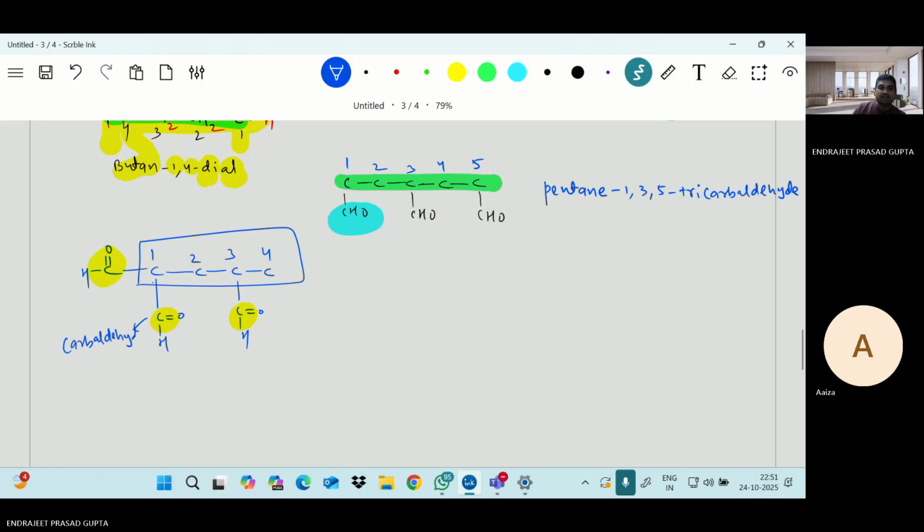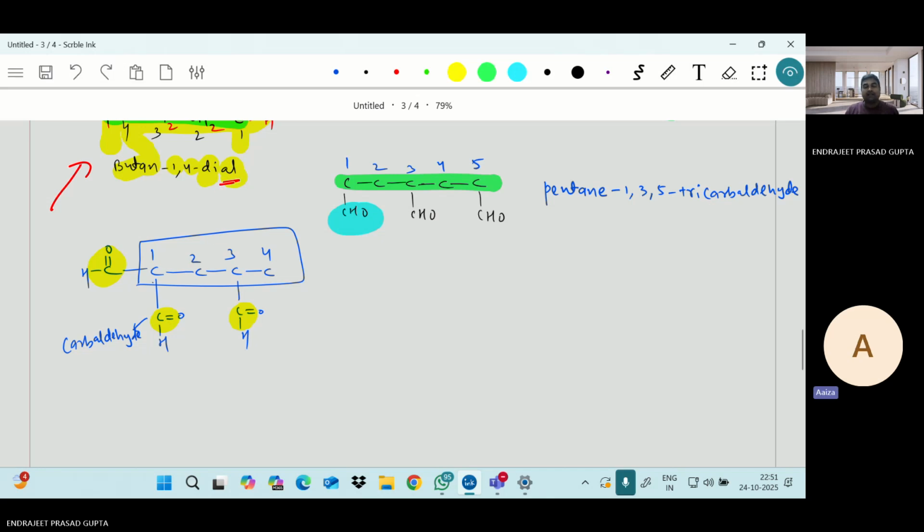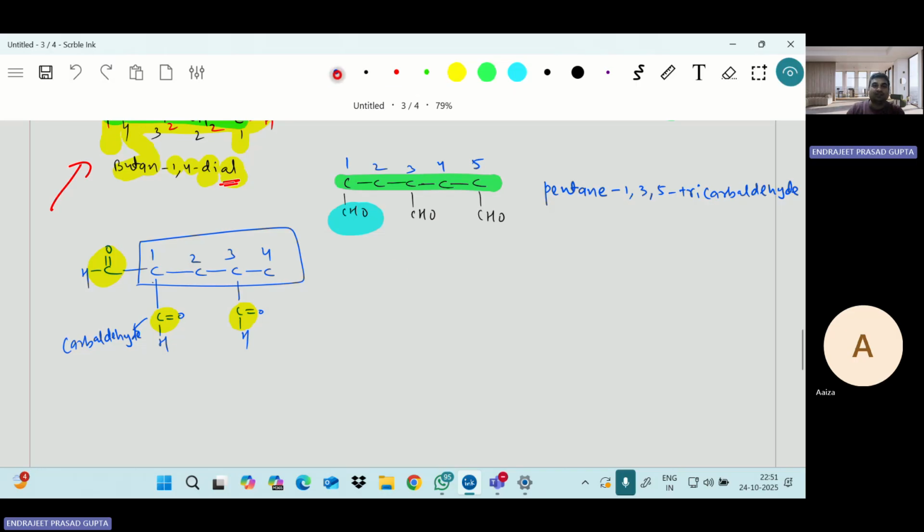Carbaldehyde. In the first one, you can see the carbon is part of the main carbon chain, so there I have used al. And if the carbon is not included in the main carbon chain, the suffix will be carbaldehyde.